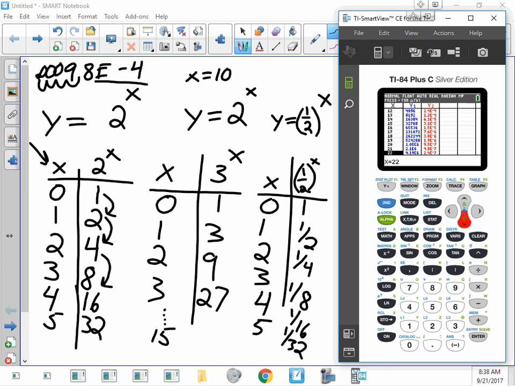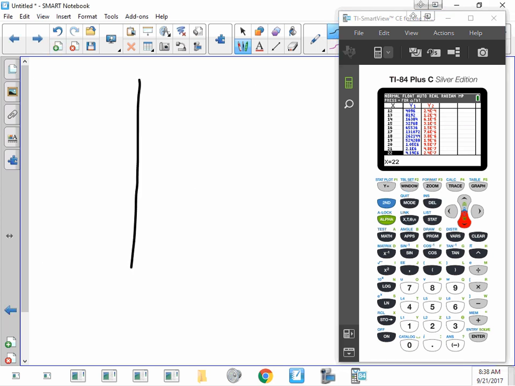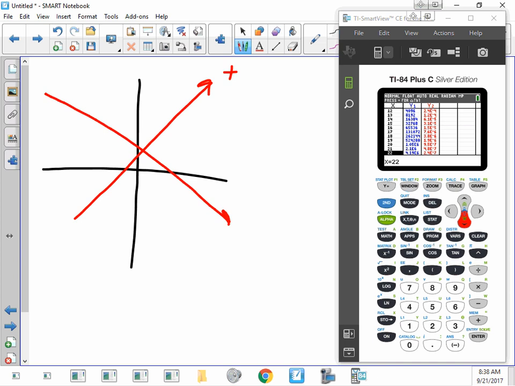So when you look at a linear equation, you have something like this that is a positive slope, or you could have something like this, which is a negative slope, right? But the slope never changes. Because it's a straight line, it's the same slope over and over and over.